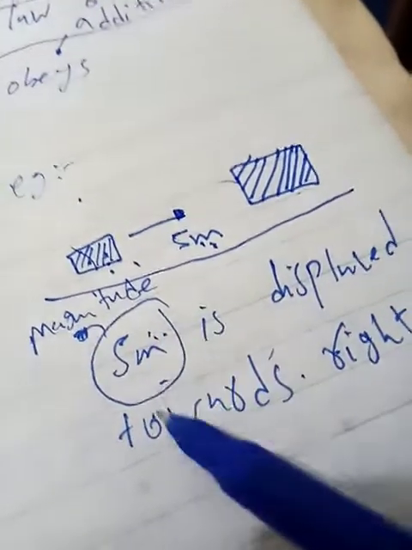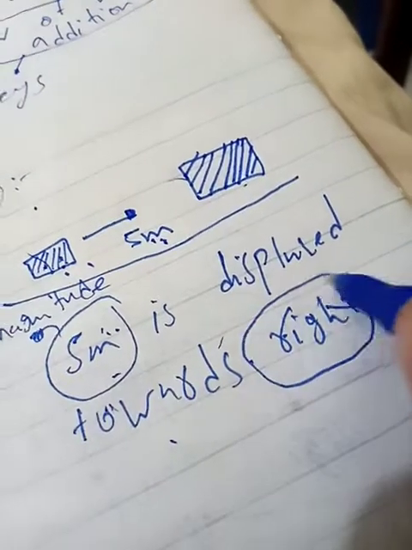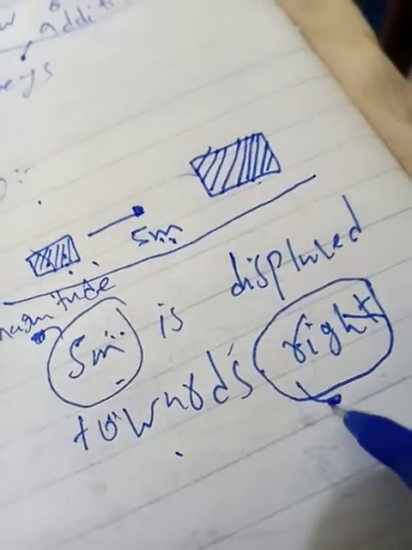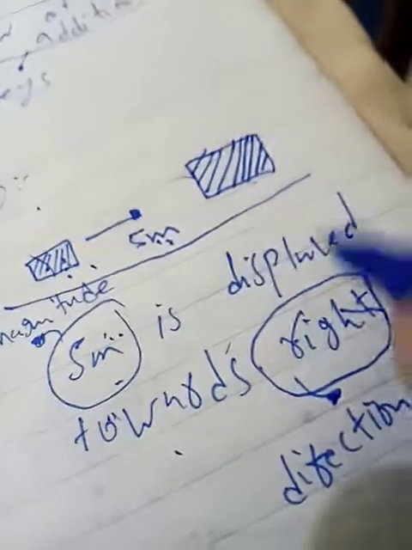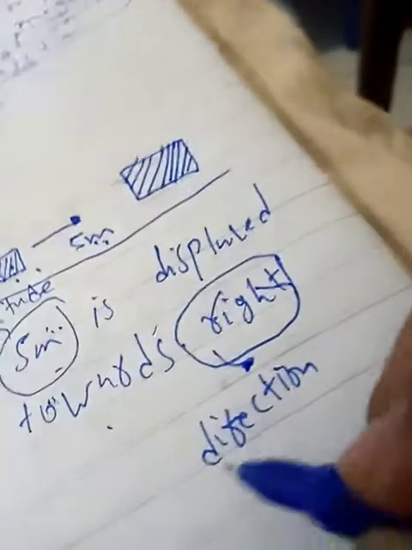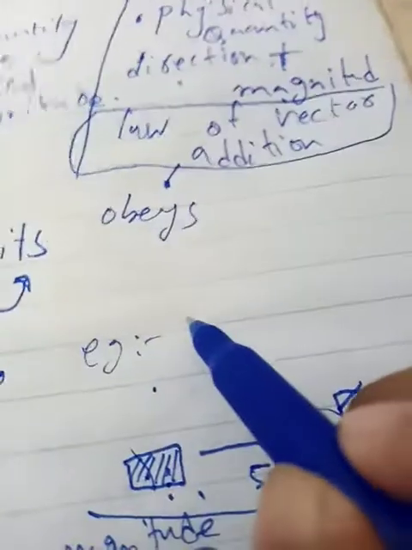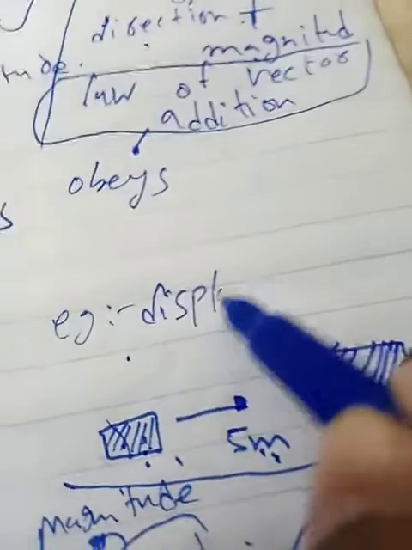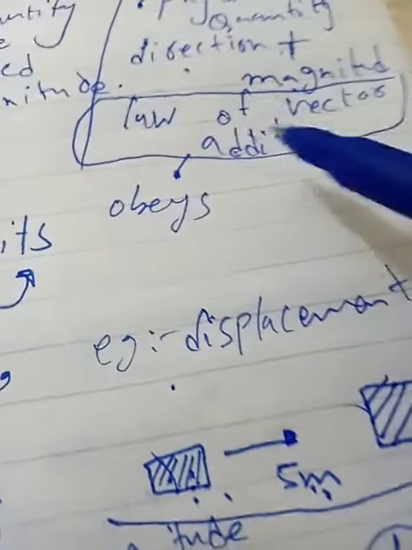Here 5 meter is the magnitude and right shows the direction, so this quantity is a vector. Displacement is an example of a vector. So what about this law of vector addition?